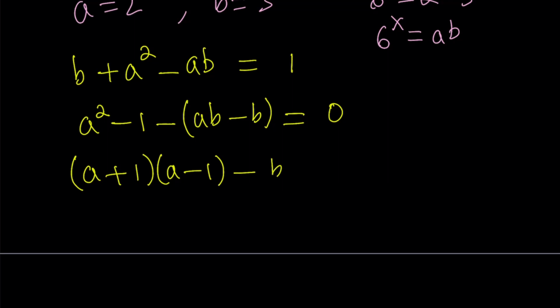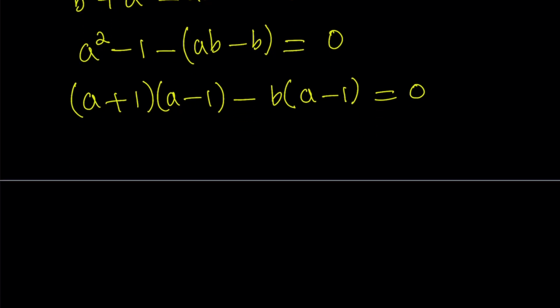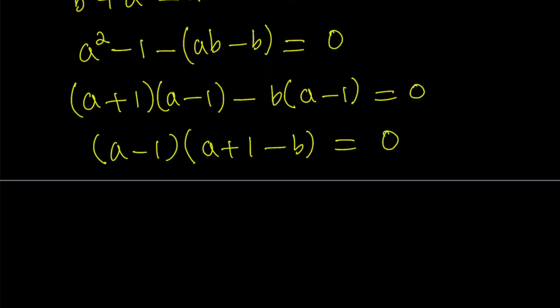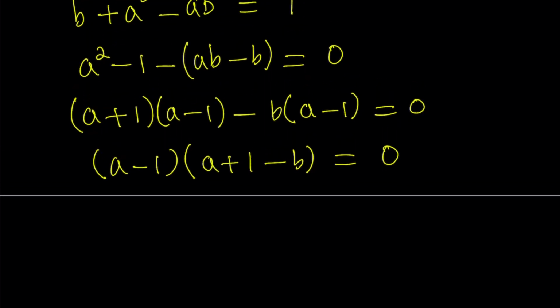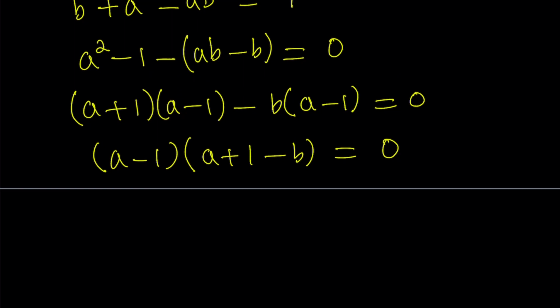And this one has a common factor of b, which gives us a minus 1. And yay, this is factorable by grouping. So we can take out a minus 1, and then we have a plus 1 minus b. So factoring is very important for solving equations of any kind because that gives us pretty much what the roots are. With the sum, you don't get that.